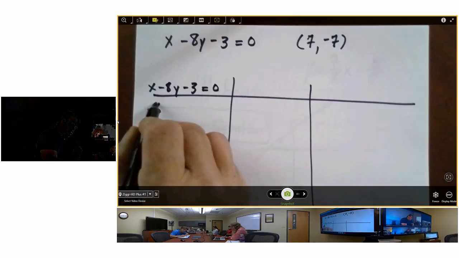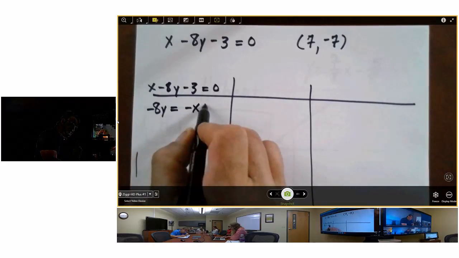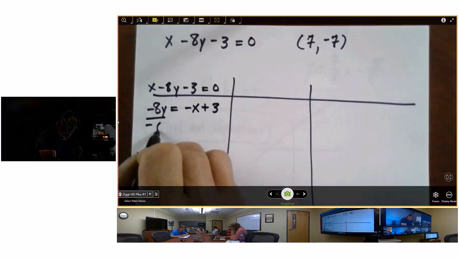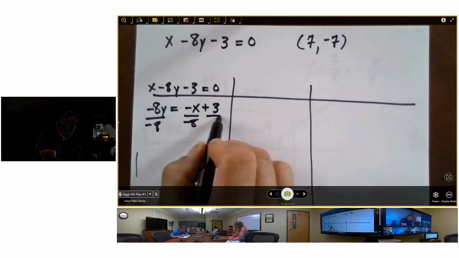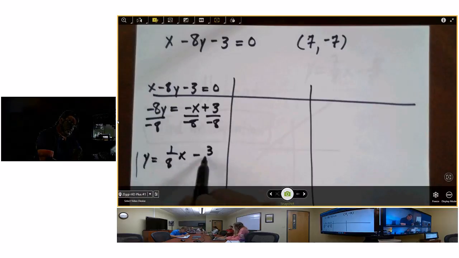Negative 8y is equal to negative x plus 3, divided by negative 8. So y is equal to 1/8 x minus 3/8. M is equal to 1/8.